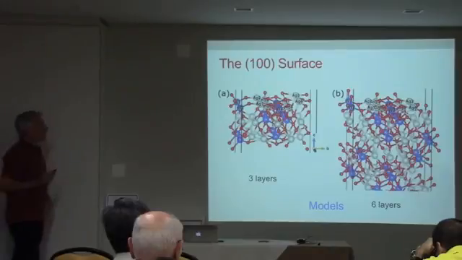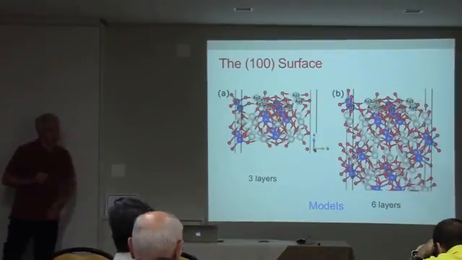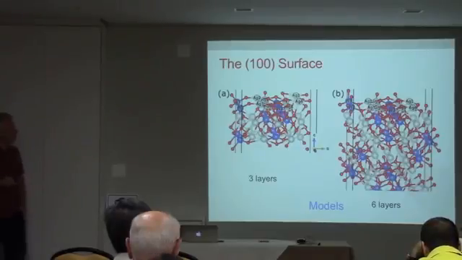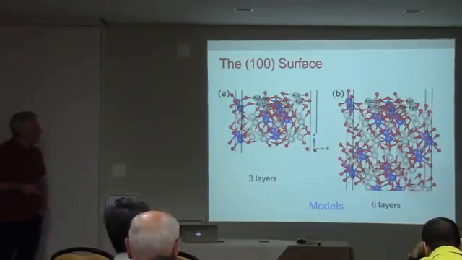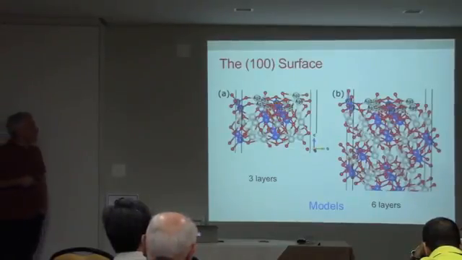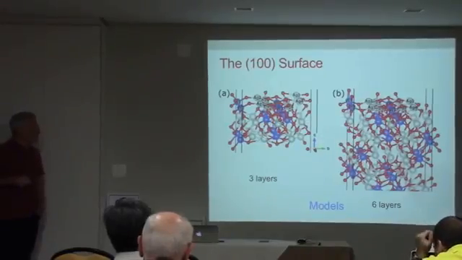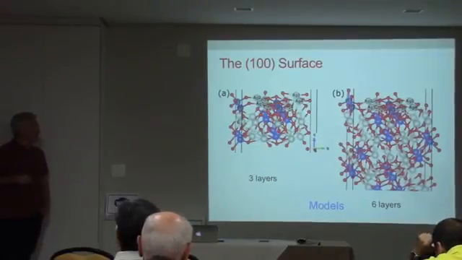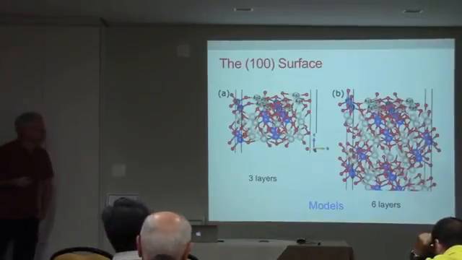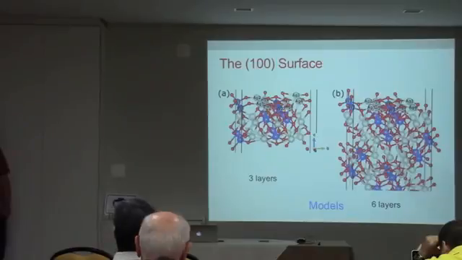Let's look at the most stable surface of the system, which is the 100 surface. These are two different models with different thickness. We have been testing whether this smaller one, which is cheaper computationally speaking, is comparable, and all the results between both agree.